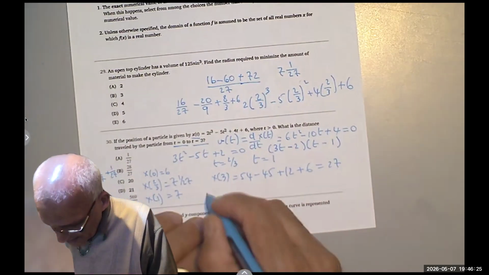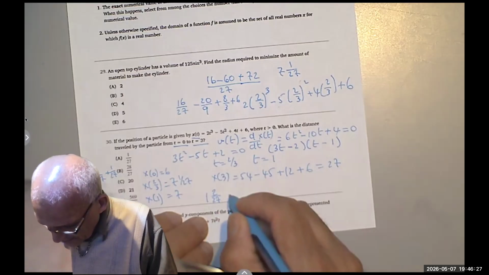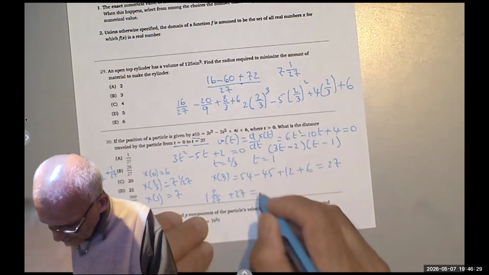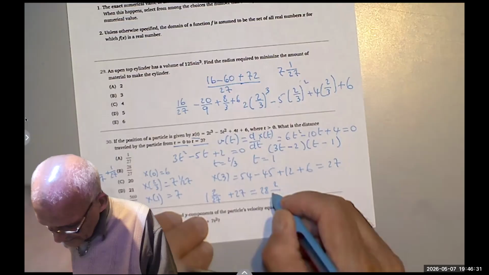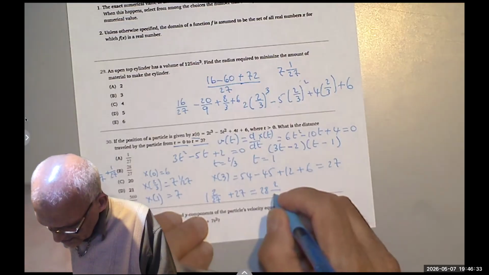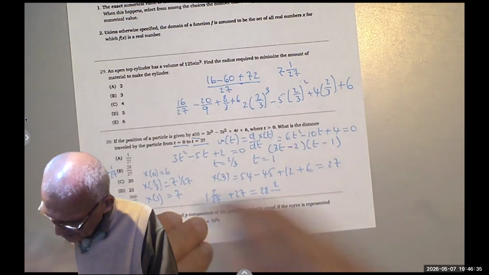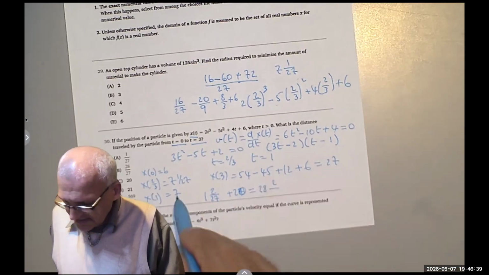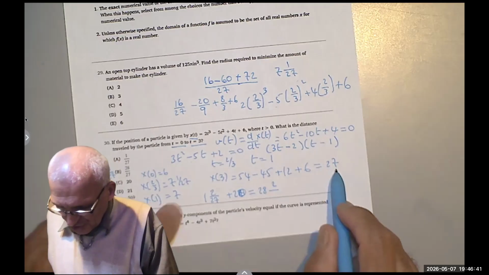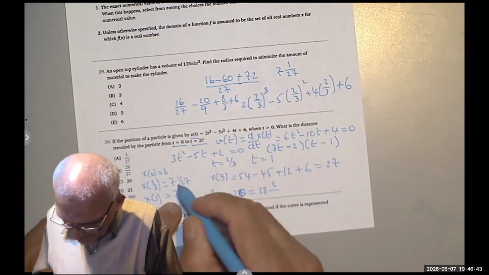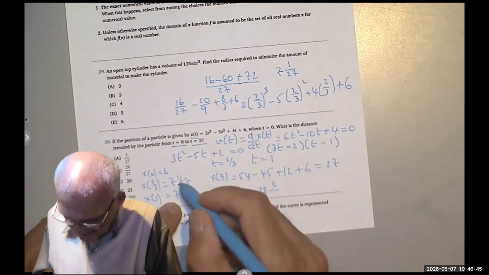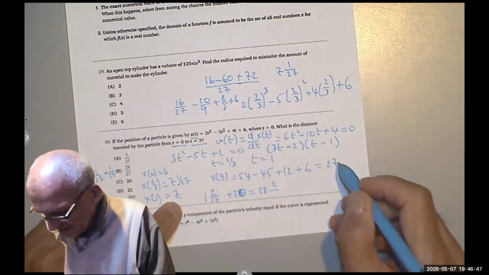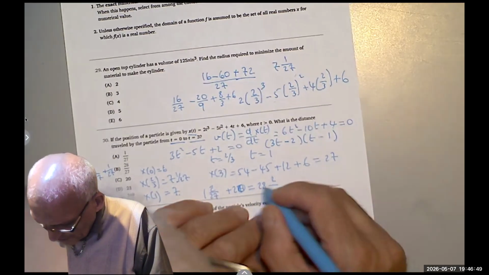I have 1 and 2 over 27 plus 27. No, I only have to add 20, because I was at 7 and ended up at 27. So I moved 1 and 1 over 27, and then 1 over 27, and then 20.